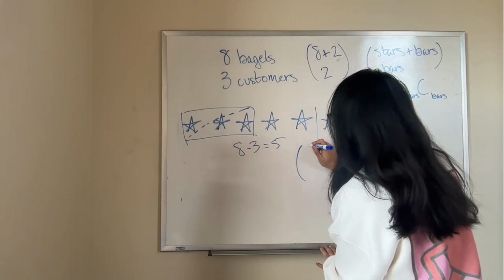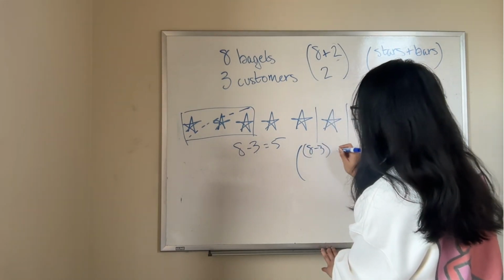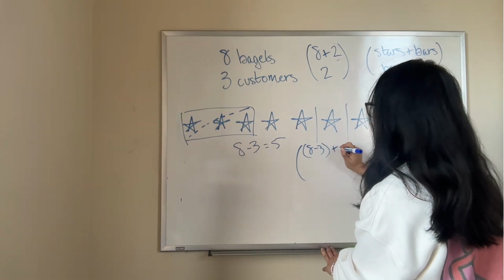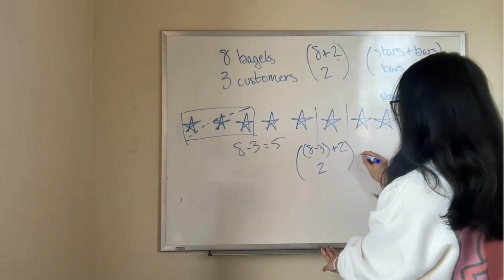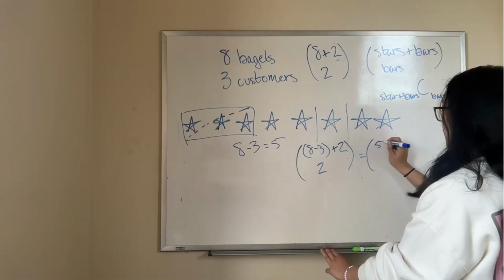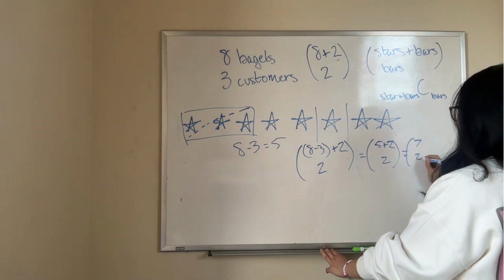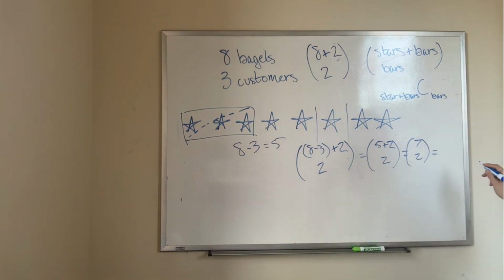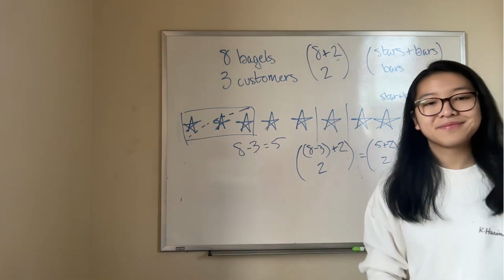When you come back, hopefully you have 8 minus 3 stars plus our 2 bars, choose 2, which is equivalent to 5 plus 2 choose 2, which is the same as 7 choose 2, which is 21. So hopefully in your answer, you got 21.